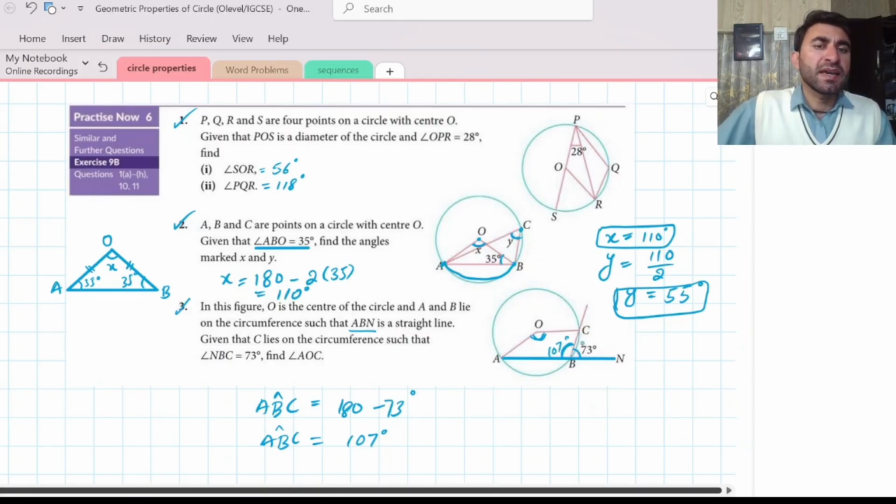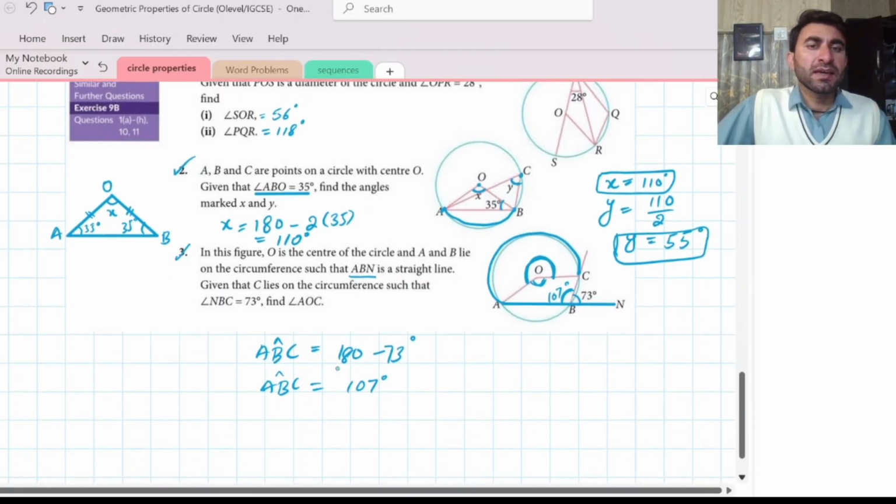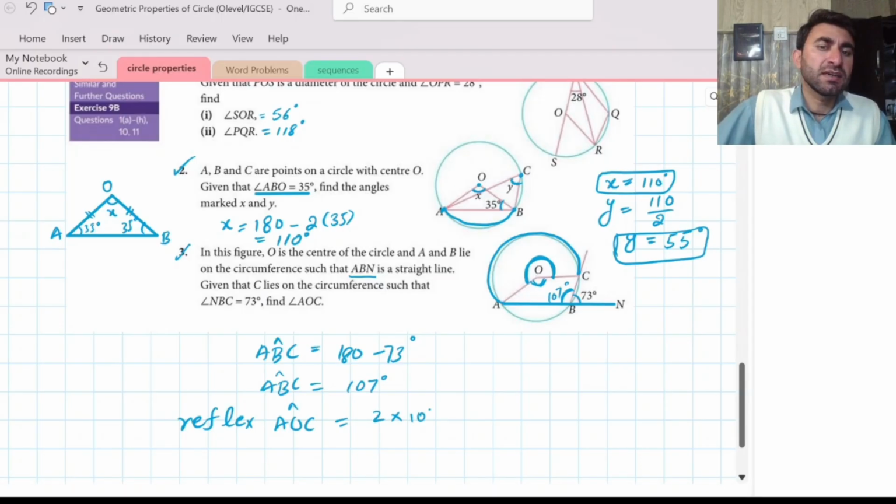Now, because the angle ABC is subtended by the arc AC, and it is definitely a major arc, this major arc subtends an angle at the center over here, which is definitely double the angle at the circumference, 107. So the reflex angle AOC is 2 times the angle at the circumference, which is 107.